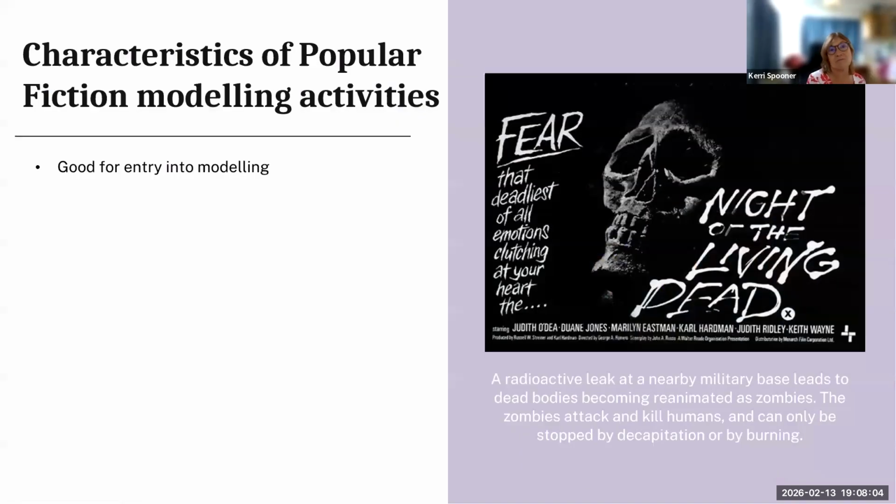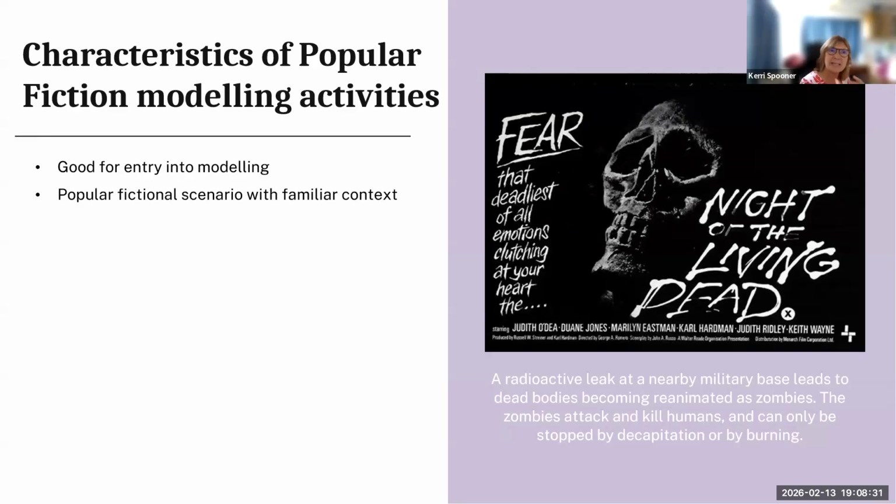Okay, so characteristics of a popular fiction modeling activity. I'm starting with this one because I think it's a really good entry point for students to experience the modeling process. A characteristic is picking a popular fictional scenario, for example the latest movie that's out at the moment that everybody's interested in.